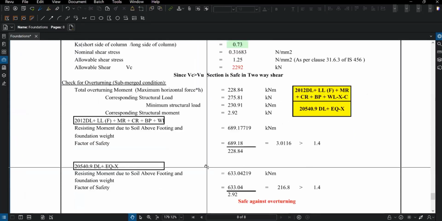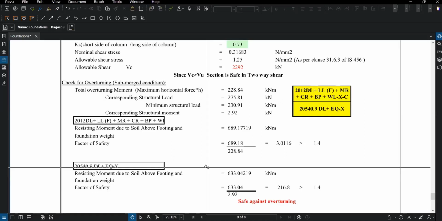So what is an overturning moment? Again, as mentioned in my earlier slides, the overturning and the sliding checks have to be performed during the serviceability, because the foundation has to meet the serviceability criteria as defined in the code. So the total overturning moment is nothing but the moment that is generated at the base of the raft.